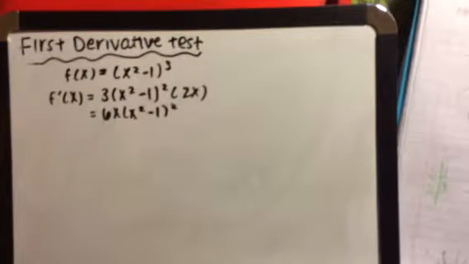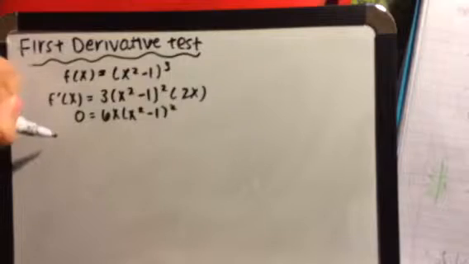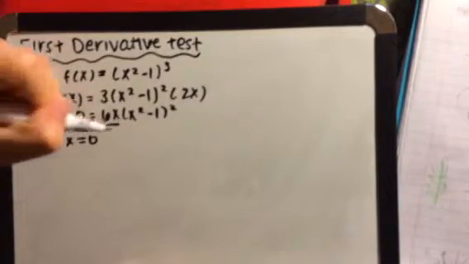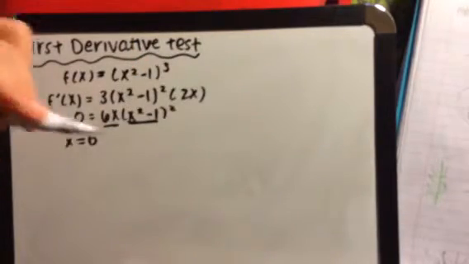Our second step is to find the critical points, which is setting f prime equal to 0. So we're going to set this equal to 0. And 6x is going to be 0. Then for the other factor, we're only going to set the inside equal to 0.